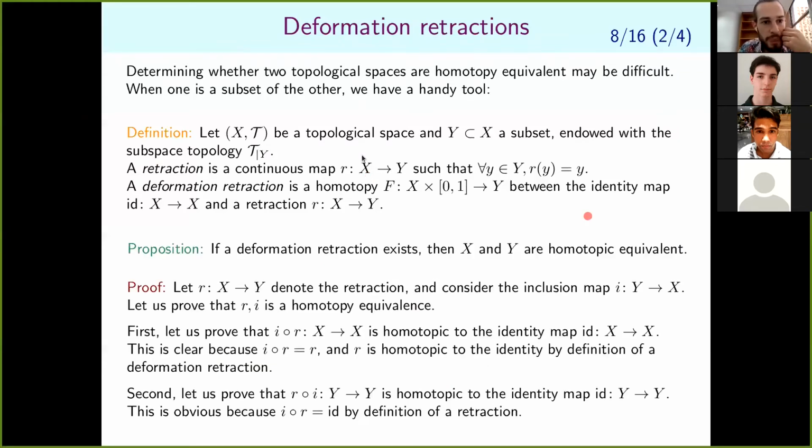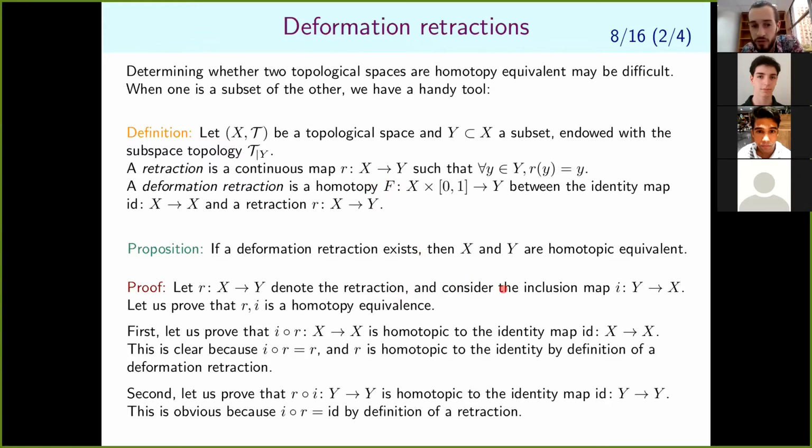So now I would like to prove this result. If I have a deformation retraction, then the spaces X and Y are homotopy equivalent. So this is actually very simple. I take a deformation retraction, that is a map R from X to Y, and a homotopy, we will use that later.